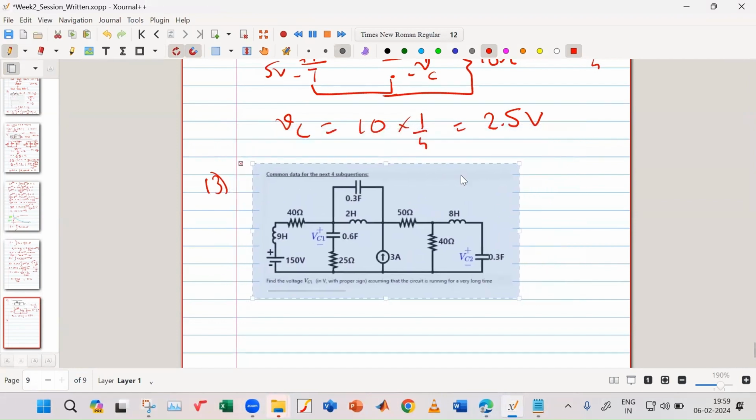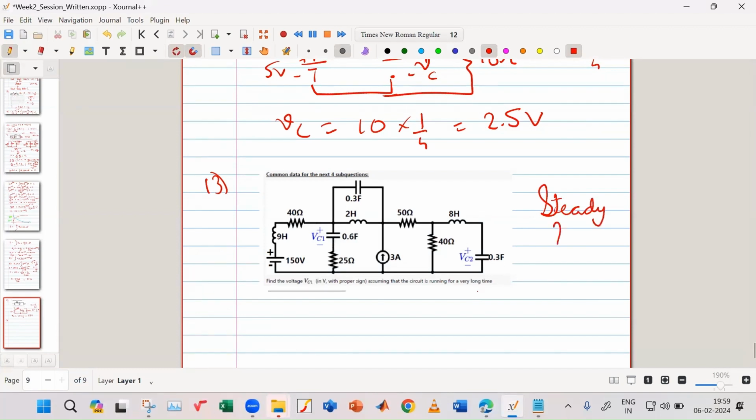In this circuit, they told you the circuit is running for a very long time. What does it mean? Steady state achieved.